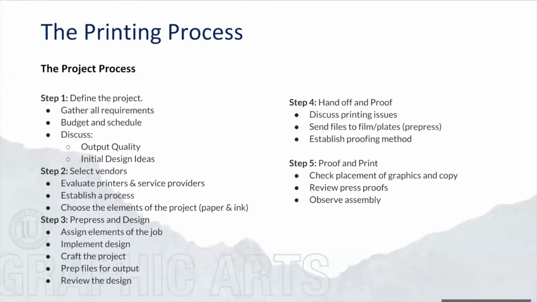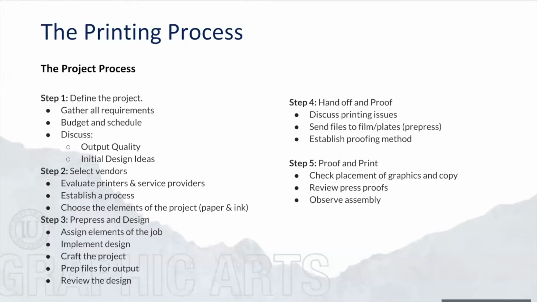That's part of that process. So if they need the files 6 days ahead of time, so they can get it set up in pre-press and get it over to the press, then you need to establish a process with them where you're going to get that file to them. And if you want to do a press check, understanding what day it's going to go on the press so you can show up to do that press check.